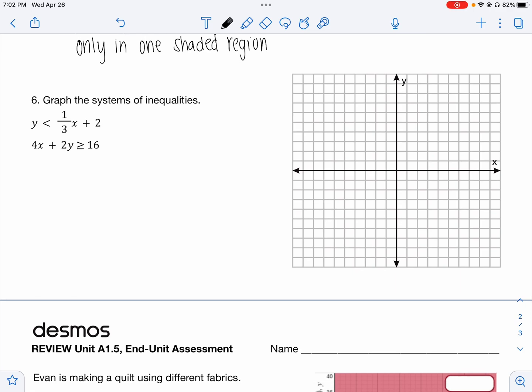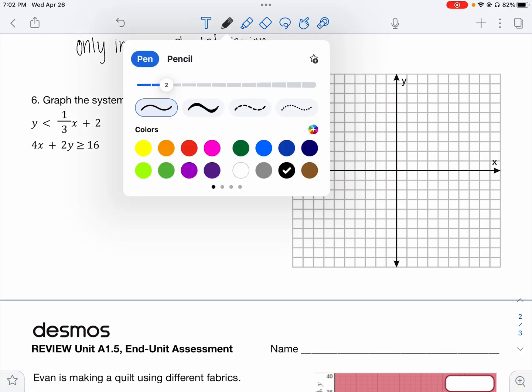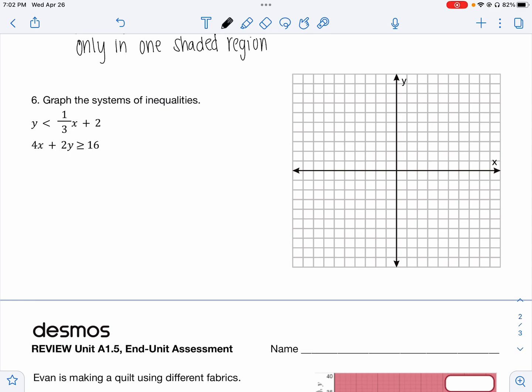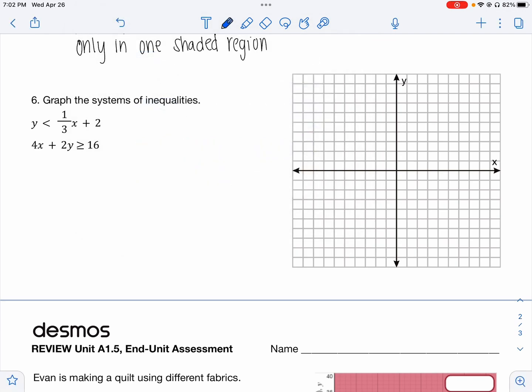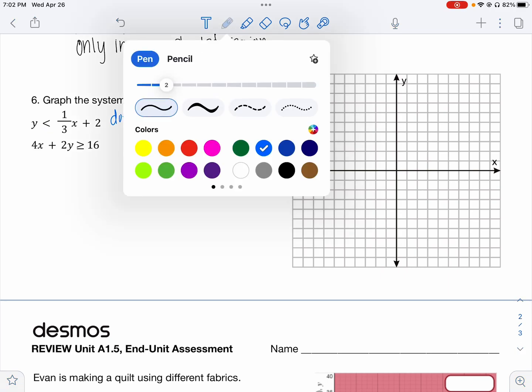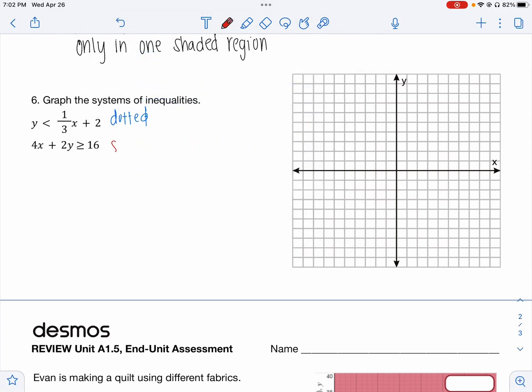Okay, graph the system of inequalities. So we learned about in class how sometimes these are easier if they're in that slope-intercept form where we can clearly find the slope and we can clearly find the y-intercept. And I like to put on the side if this is going to be dotted or solid, so it's going to be dotted because it does not have a line underneath. But the second equation is going to be solid because it does have a line underneath.